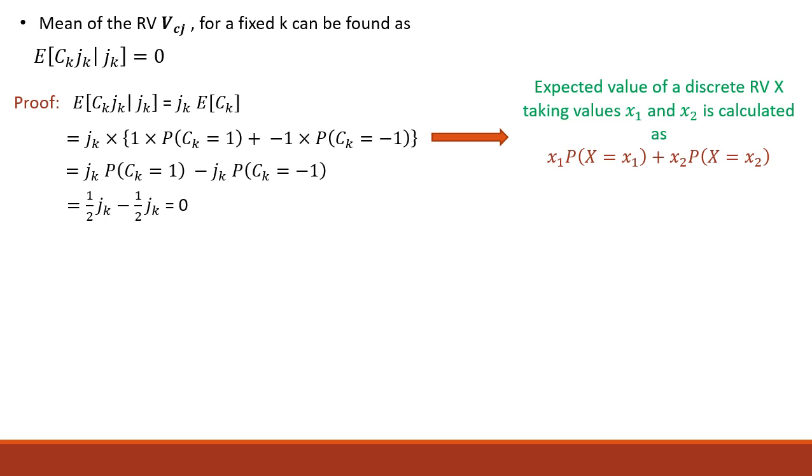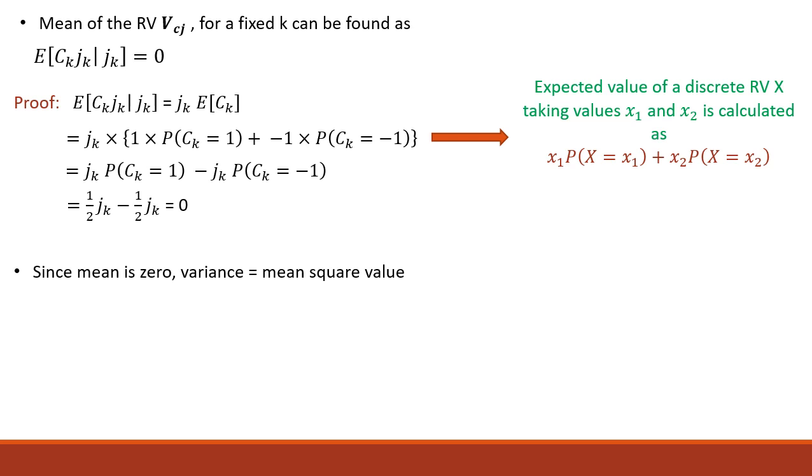Since we know that the probability of ck equal to 1 and the probability of ck equal to minus 1 are both 1 by 2, if we substitute for this, the expected value becomes 0. So the mean of the random variable VCJ is 0.